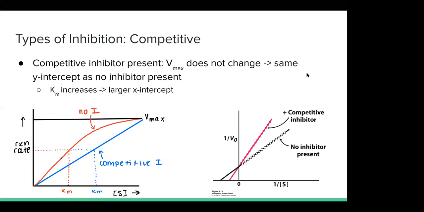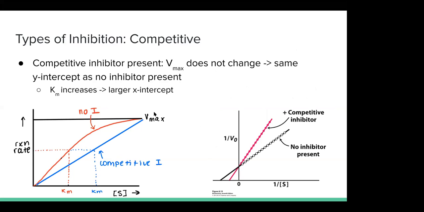So, okay. We have the Michaelis-Menten plot on the left and the Lineweaver-Burk plot on the right. So for competitive inhibition, as I said, Vmax doesn't change. So the enzyme with the inhibitor will have the same y-intercept as an enzyme with no inhibitor present on the Lineweaver-Burk plot.